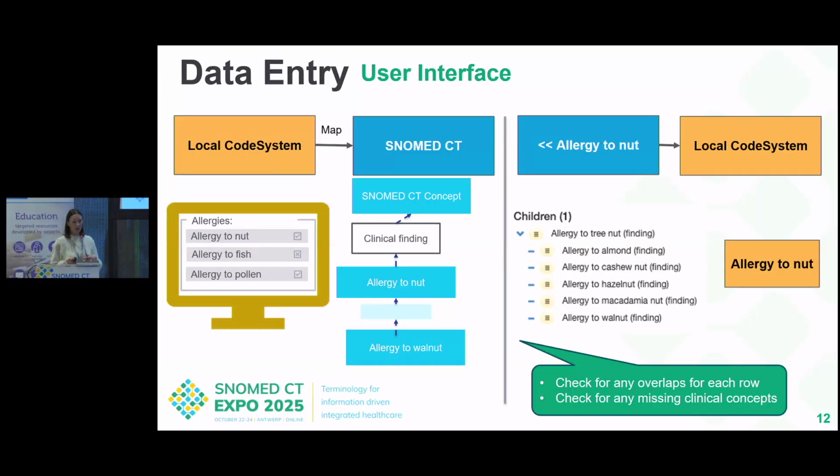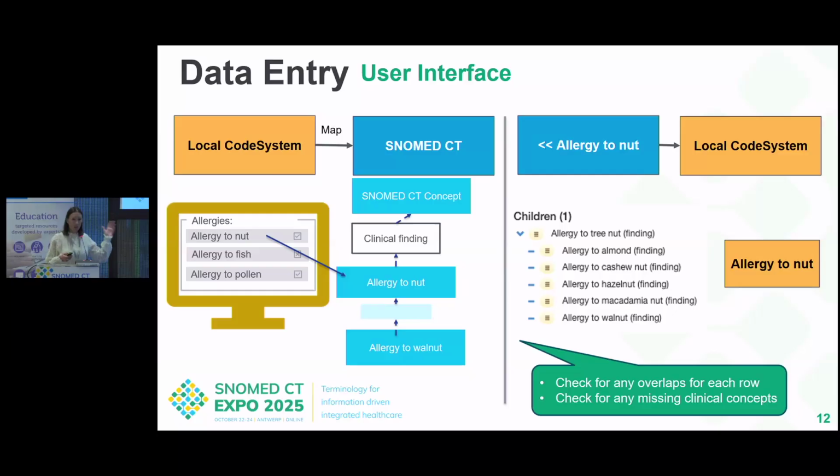And the other thing is, you might have some original local code system codes, like allergy to nut, for example. So this you could potentially map to the allergy to nut in SNOMED. But you might actually think, oh, in SNOMED there are a lot more codes.